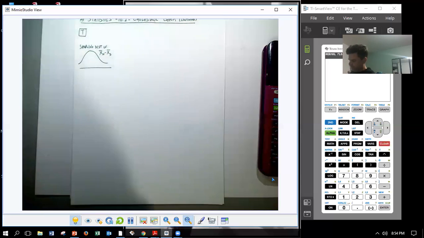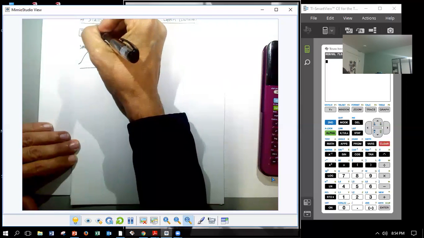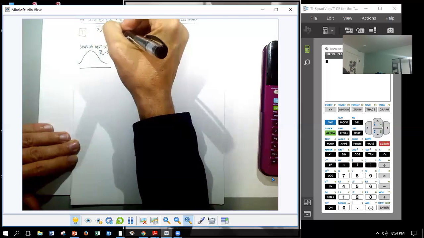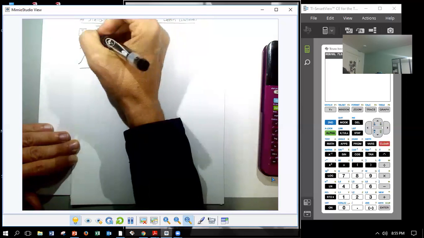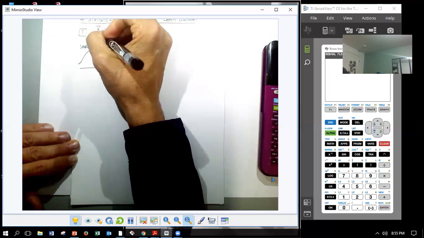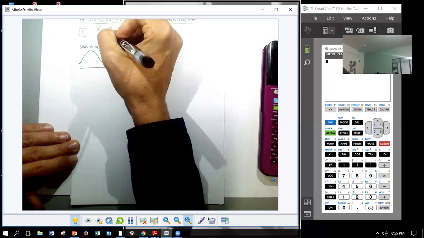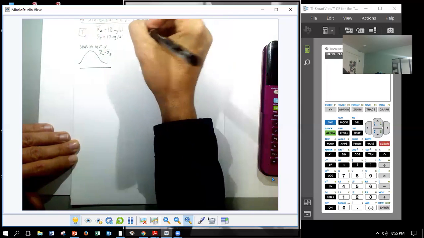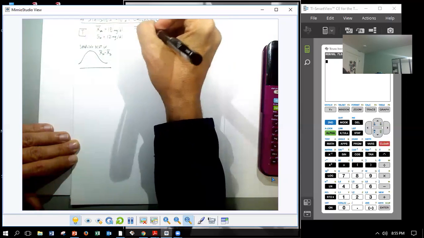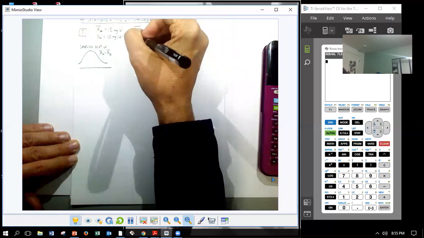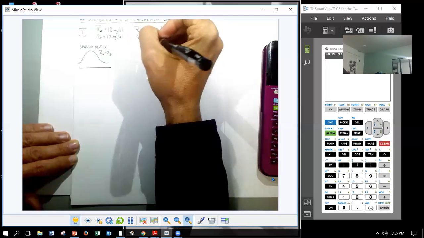Notice also from our sample info, they told us that x bar of n was equal to 18, and we had that our standard deviation of n was 12. And we had our sample mean of s was 10, and our sample standard deviation of s was 8.